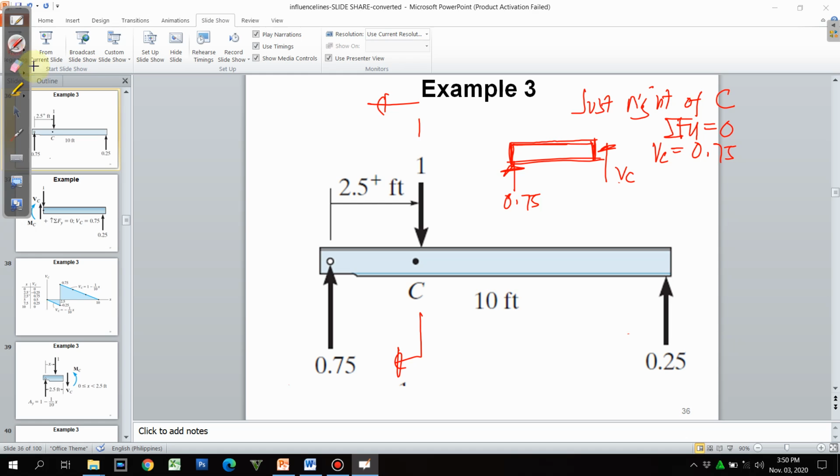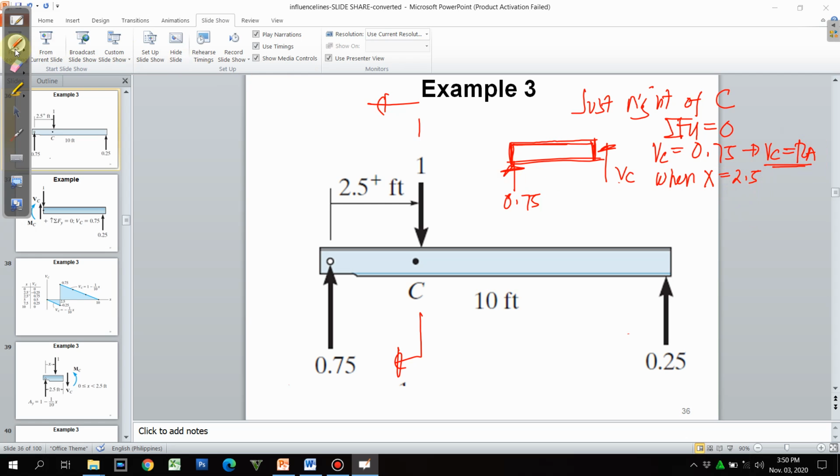When x is 2.5, this came from VC is equal to RA.